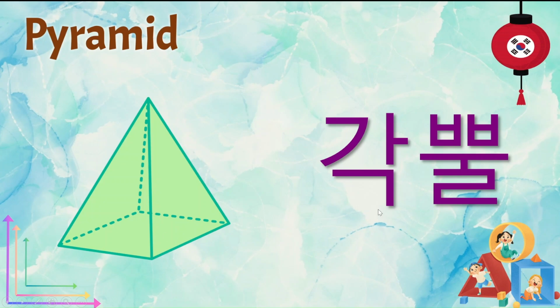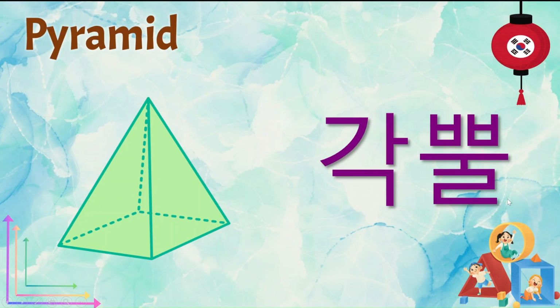And 각 indicates that the shape consists of angles. That is an angular shape. So a pyramid is obviously an angular shape and at the same time, it is a pointed shape too. So therefore, the logic behind pyramid is an angular pointed shape.